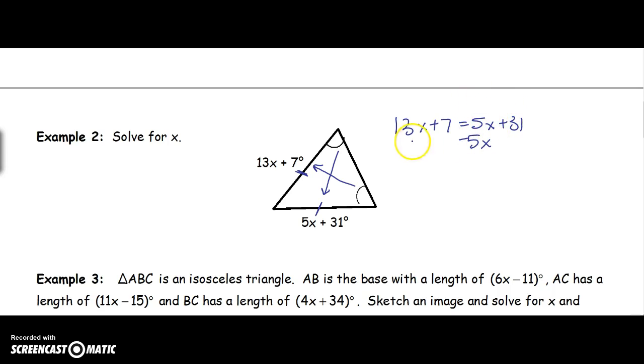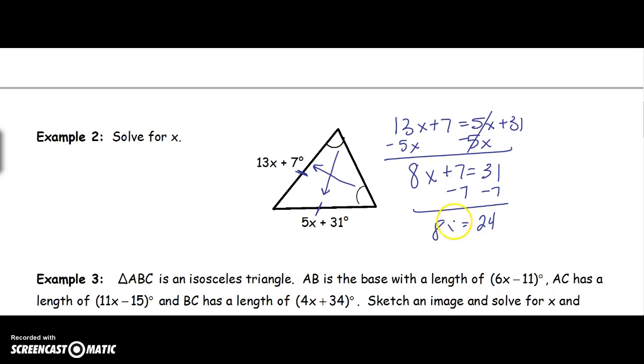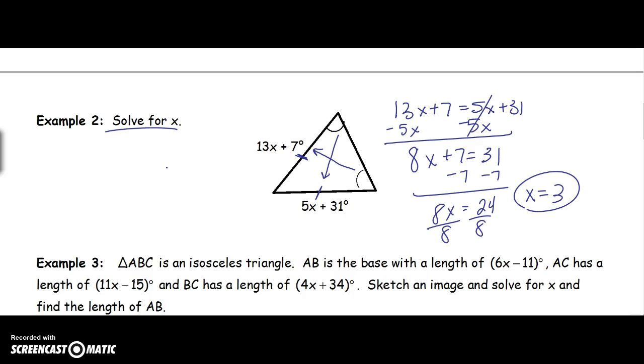You would subtract 5x. 13x minus 5x is 8x. Subtract 7, and you're going to get 31 minus 7 is 24. When you divide by 8, x is 3. In this example, I only asked you to solve for x. Therefore, you are done with that problem.